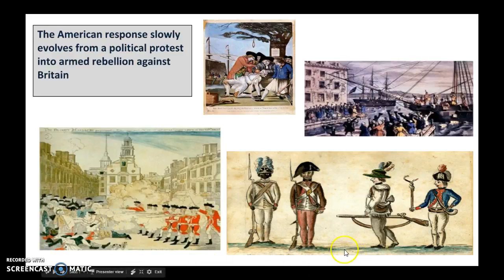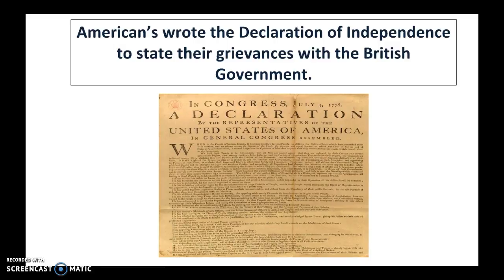Eventually, colonists form a military to fight against Great Britain. Here you see an image of American soldiers who are fighting for American independence from Great Britain. To really make the world aware of what America was fighting for, the Declaration of Independence was written.